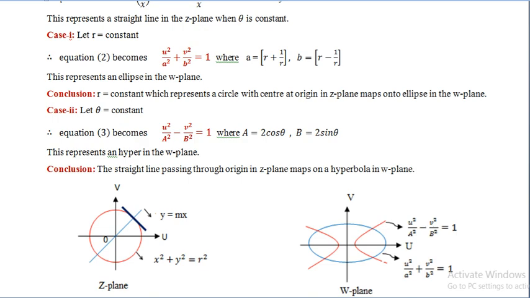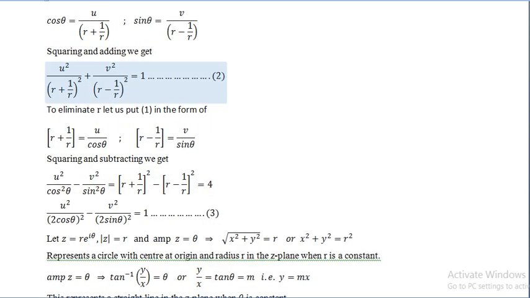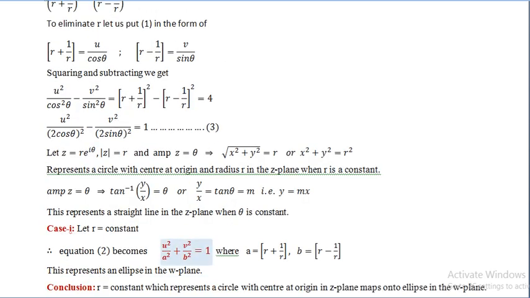So the first one, case number 1, when r is constant, our equation 2 becomes: we express equation 2 as u square by a square plus v square by b square is equal to 1. Here small a and small b denote a equals r plus 1 by r, and b equals r minus 1 by r.